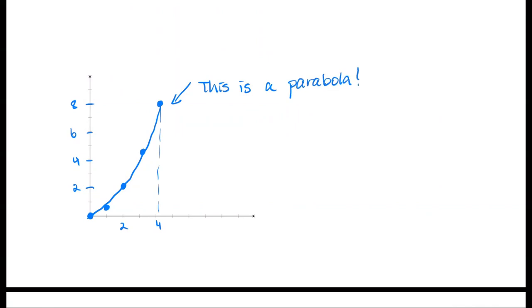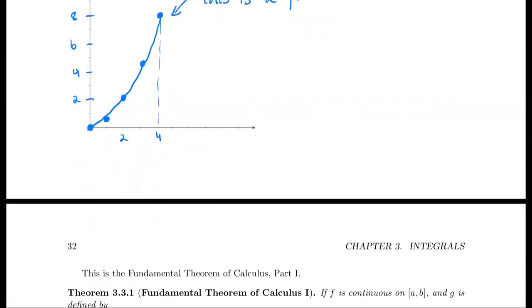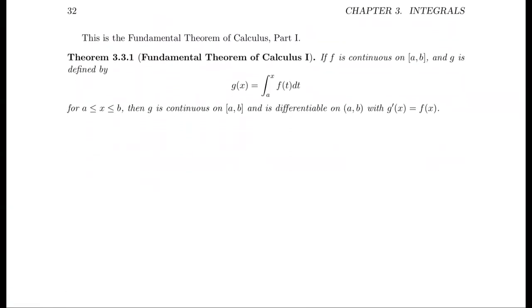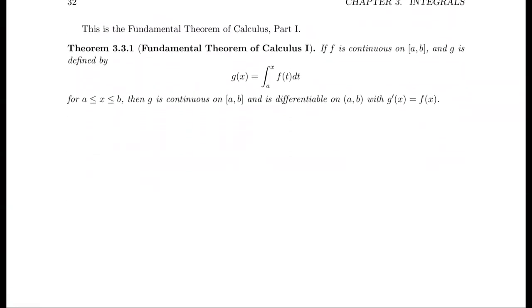So this is a good observation. That is what the fundamental theorem of calculus is saying. The fundamental theorem of calculus says that if f is continuous on a to b and g is a function defined by g of x equals the integral from a to x of f of t dt, where x is between a and b, then g is also continuous on a to b.